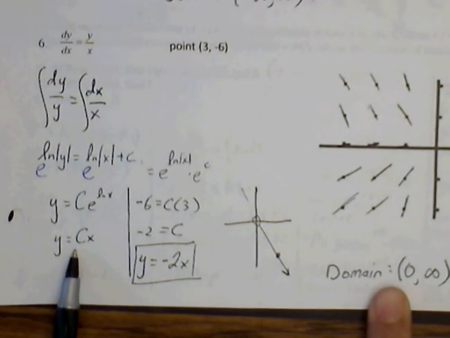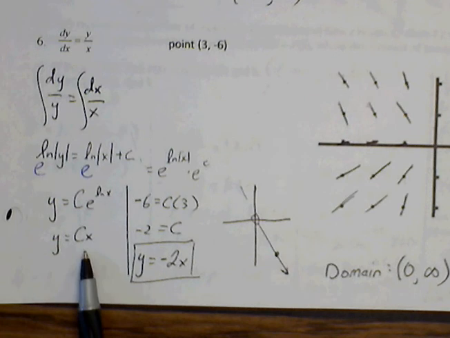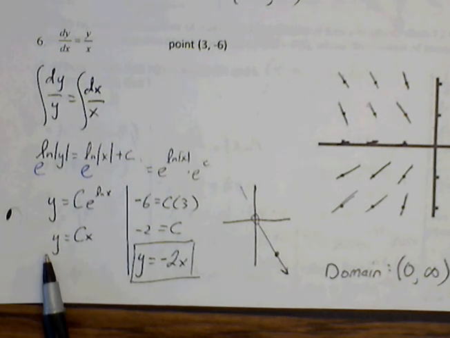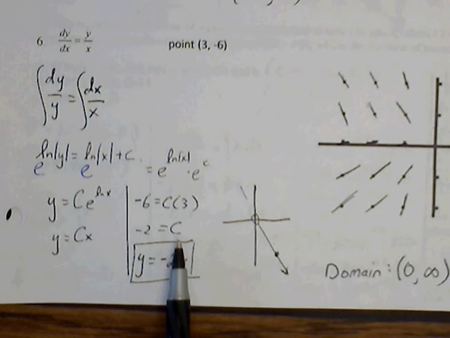Okay, so for this linear function, we can plug 3 in for x, negative 6 in for y. So negative 6 equals 3c. Solve for c. C is negative 2, so y is equal to negative 2x. So this is what negative 2x looks like.